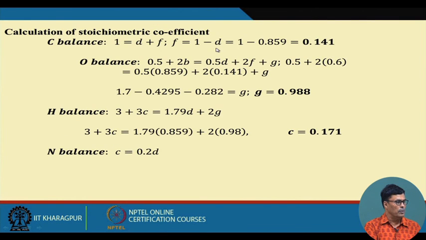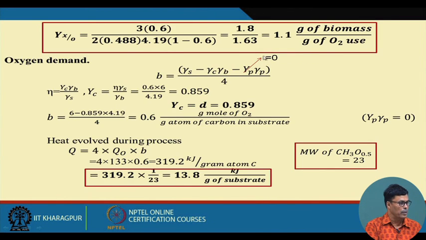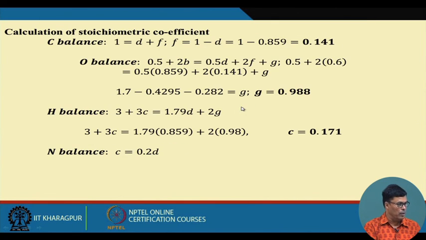So F equals 1 minus D. D is YC, which is zeta sigma s by sigma B. YC is nothing but D. This is equal to 0.859.